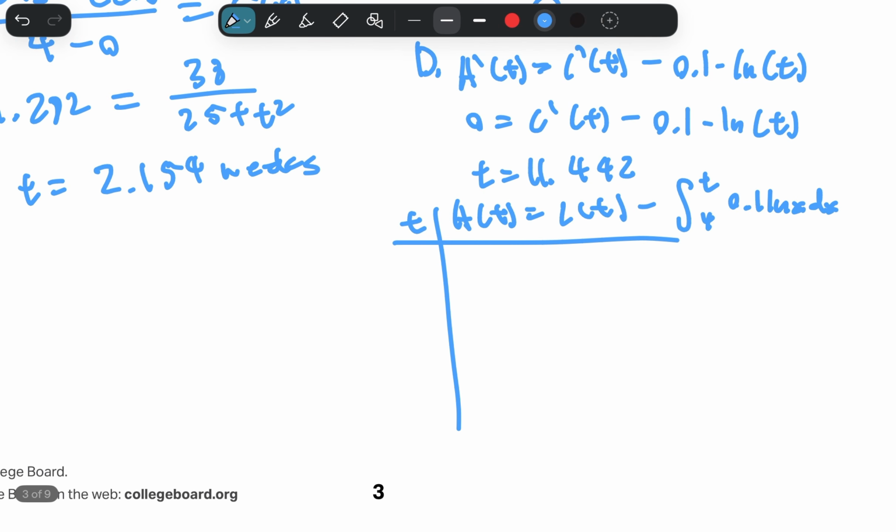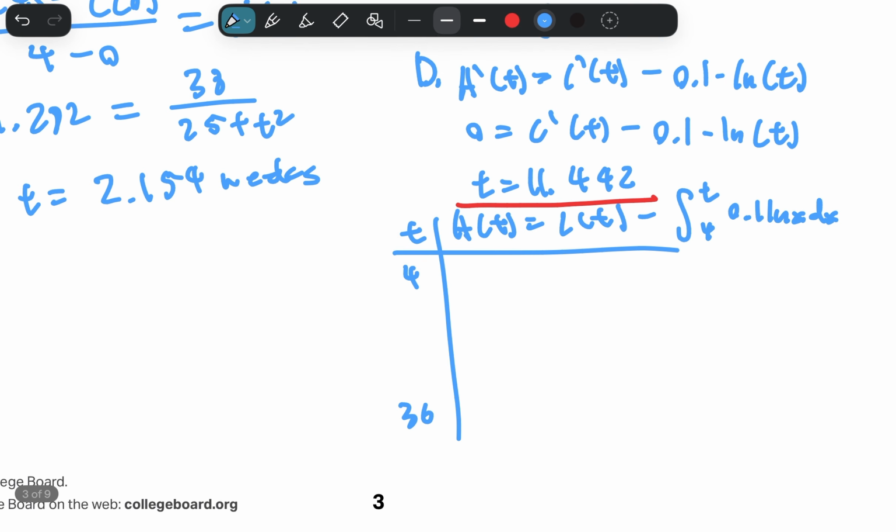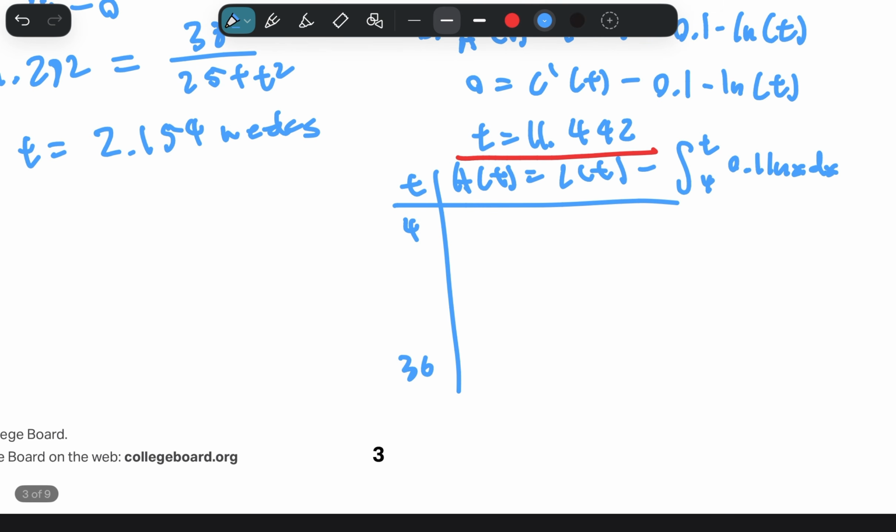So we put in the two endpoints, which are 4 and 36, and then we put in the t value that we got, 11.442, where A prime of t is equal to 0, because that is where possibly a maximum or a minimum could occur. Right, this is a critical point. Now we basically just substitute these t values in and find the maximum value.